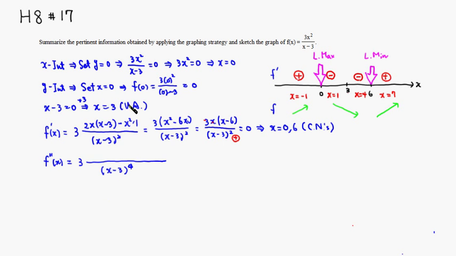Then the derivative of the top, which is going to be 2x minus 6. So we have a 2x minus 6 times the denominator, which is x minus 3 squared, minus the top, x squared minus 6x, times the derivative of the denominator.